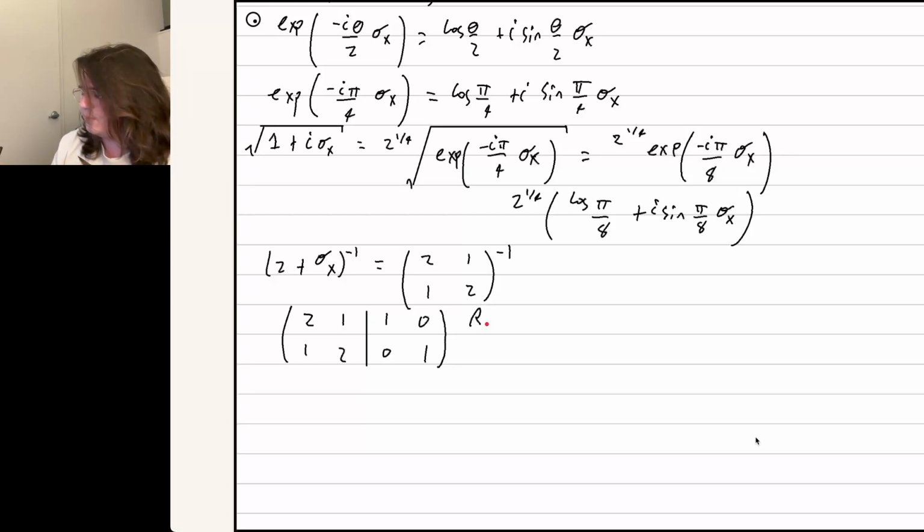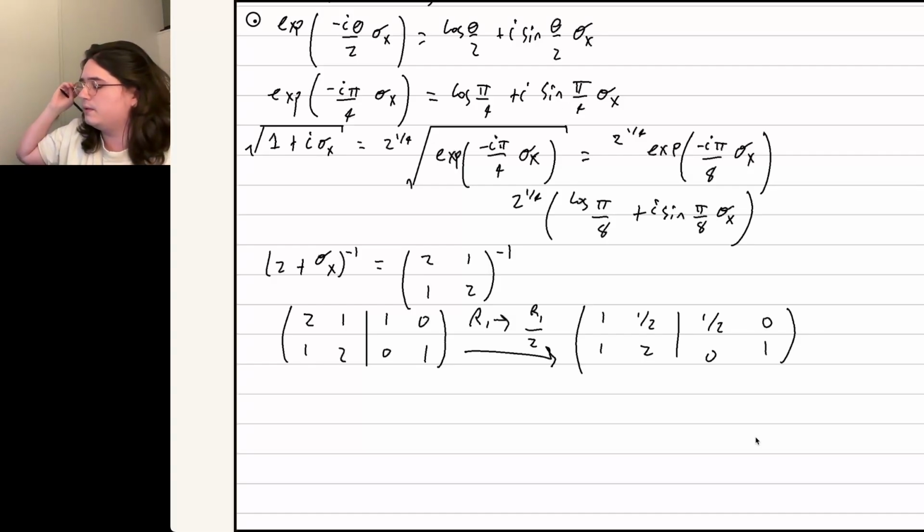So we'll do row 1 goes to 1/2 of row 1, which will give us a matrix which looks like 1, 1/2, 1/2, 0, and 1, 2, 0, 1.